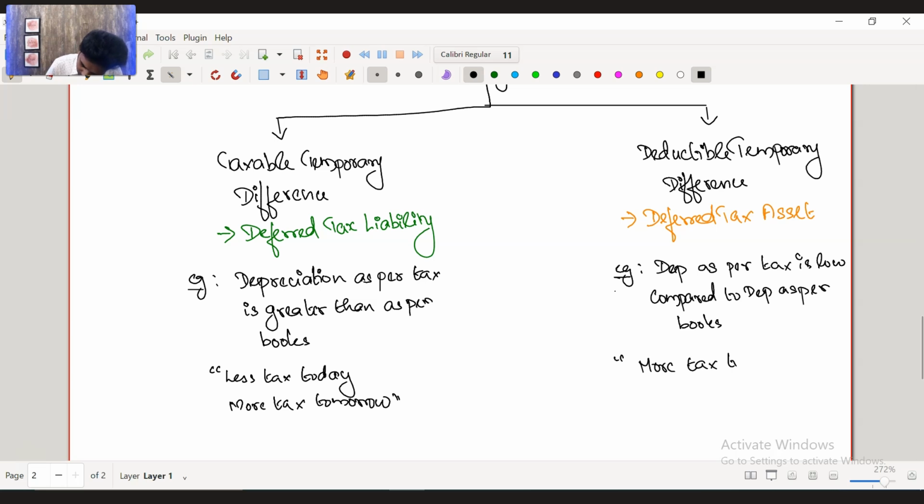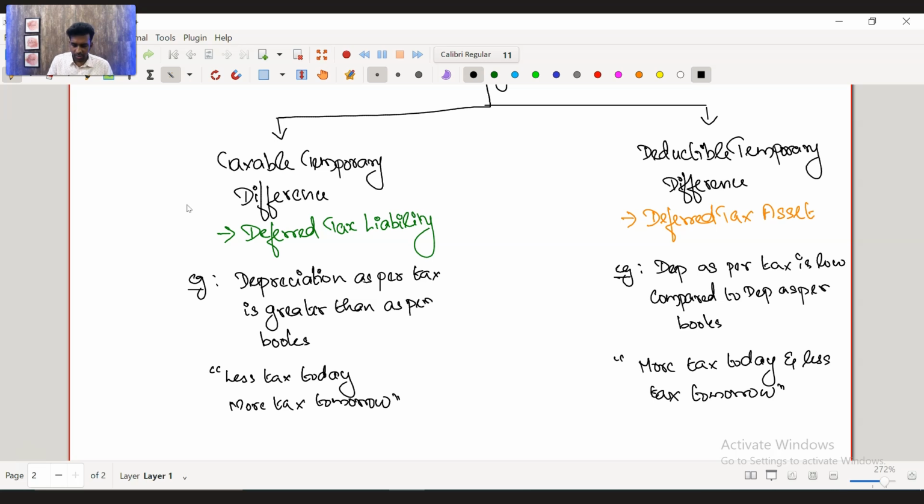So more tax today, because your depreciation expense is lower, your tax expense will become higher today, and less tax tomorrow. This is called your deferred tax asset or liability.